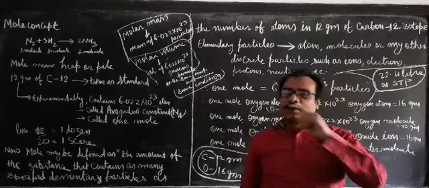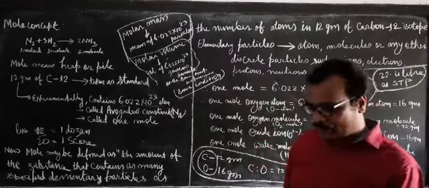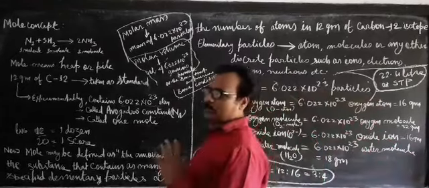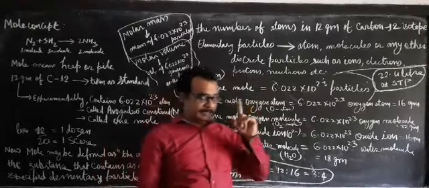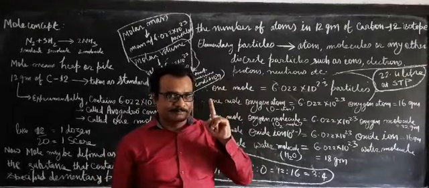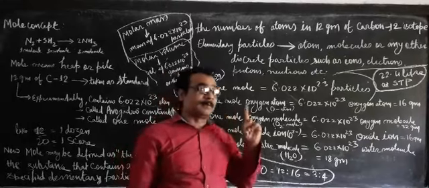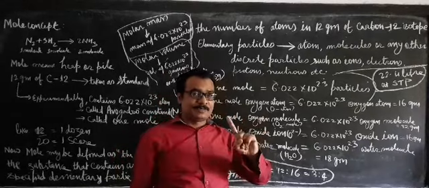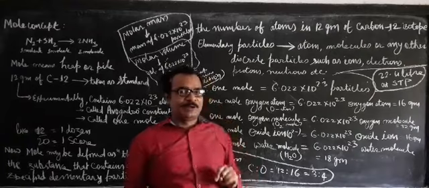This is called the mole concept. That means 6.022 into 10 power 23. This number is very, very important. If you take out the volume of this number, then it would be molar volume.